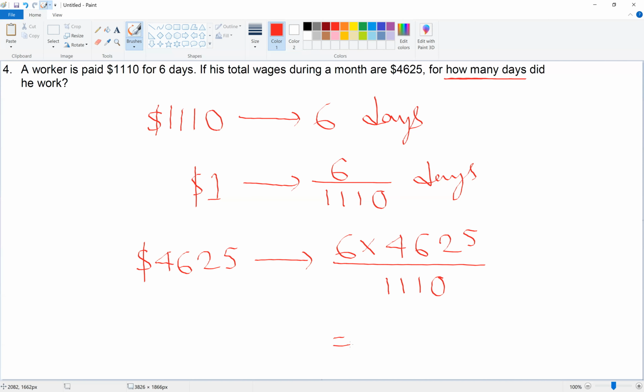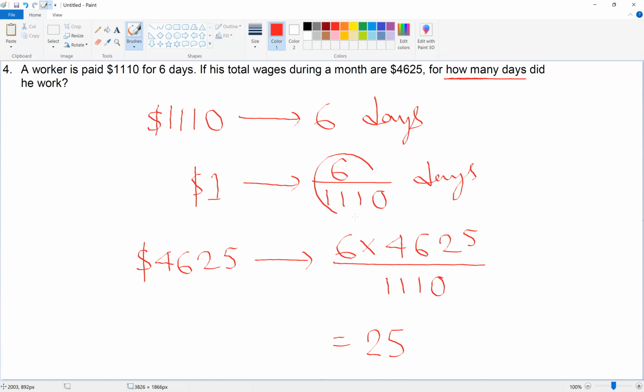Do you get it or still confused? I'm still kind of confused. Tell me what part you're confused by. I'm confused on. Wait, never mind. I was going to say I was confused on how you got to 6 times 4,625 over 1,110, but no, I realize now.